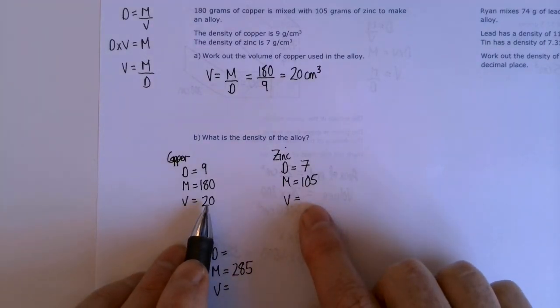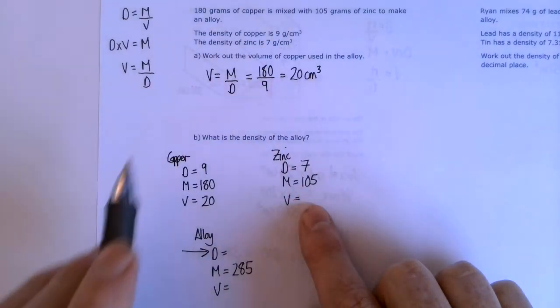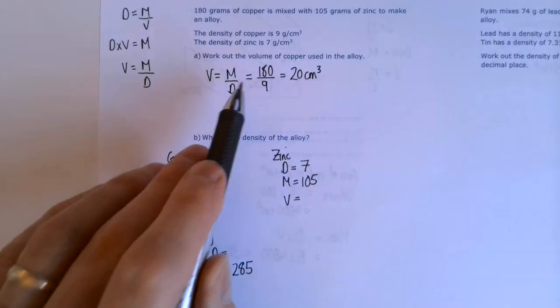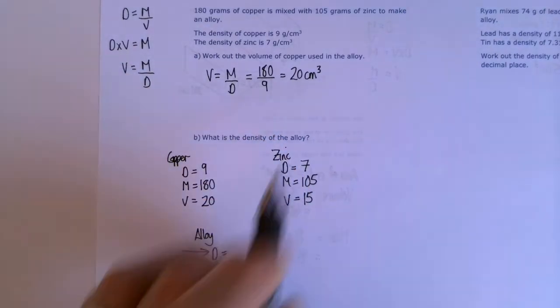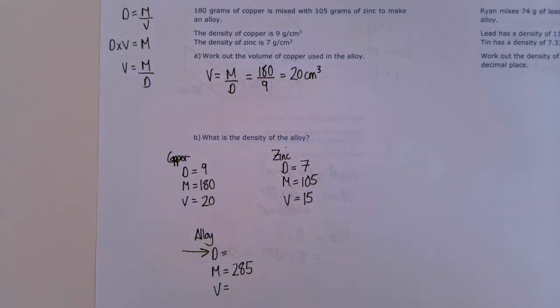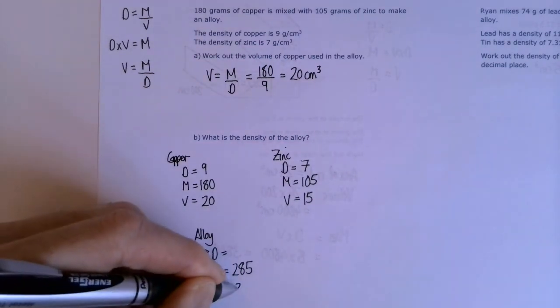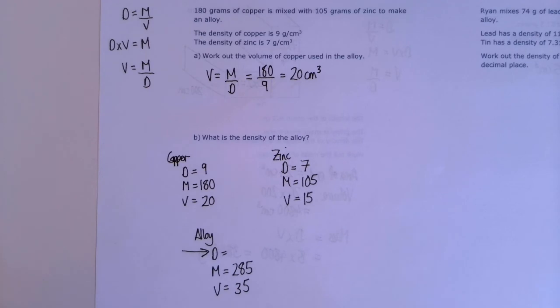Now I know the volume of copper, I did this calculation here. So if I repeat that calculation for zinc, if I do mass 105 divided by density 7, I get 15 centimetre cubes. So the volume of the combined alloy will be 35 centimetre cubes.